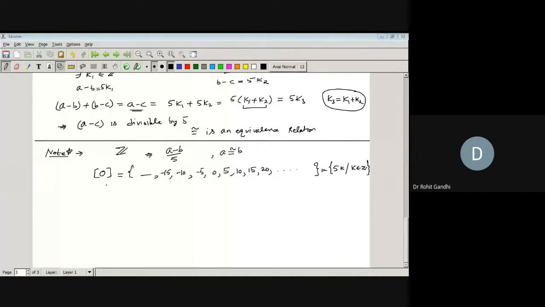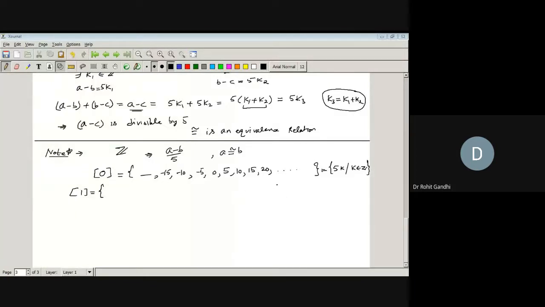Here I have seen the elements which are related to 0. जो 0 के साथ relation में है वो सारे elements हमने लिख लिए इस set में. So this is the equivalence class of 0.